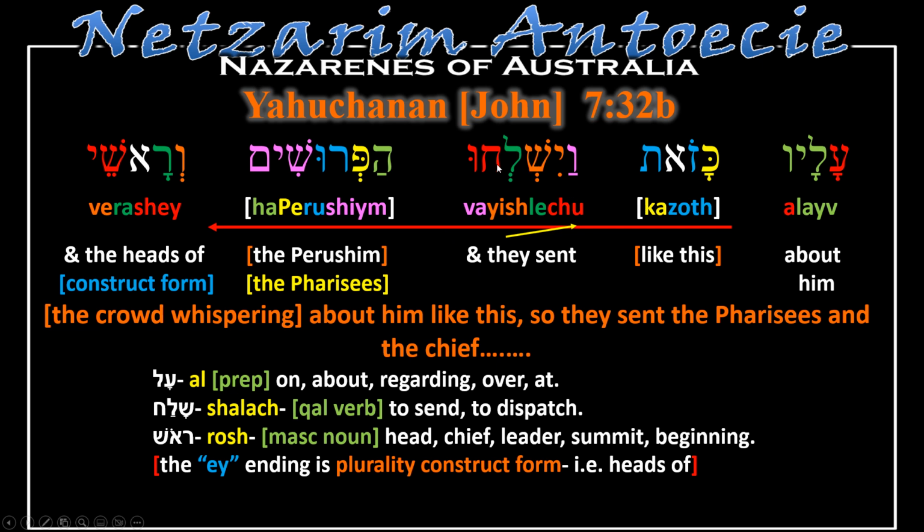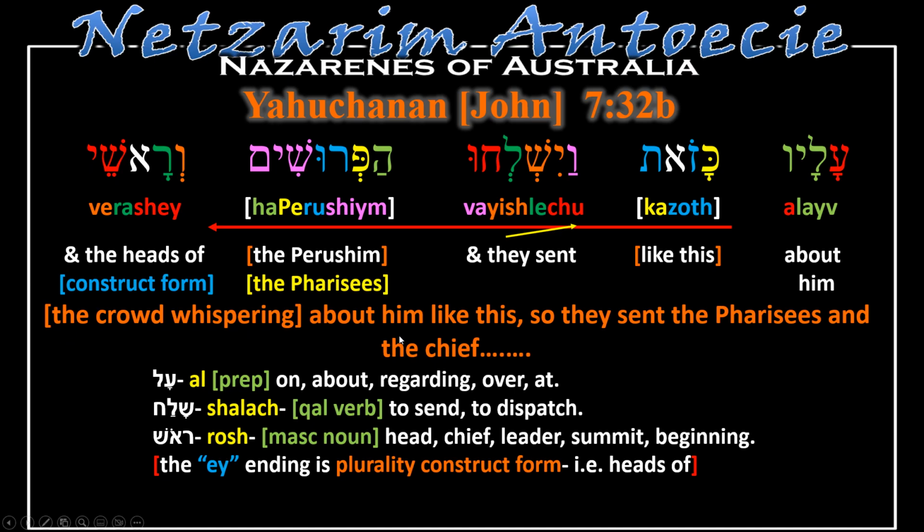Of course, we've got the root shalach, which I've got down here as to send, to dispatch. Ha-perushim, meaning of the Pharisees, and rashi, the heads of. It's a construct form with the tsere and the yod, so it's the heads of.